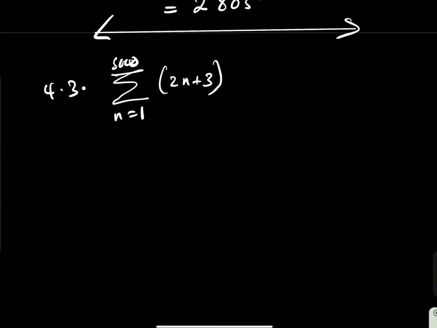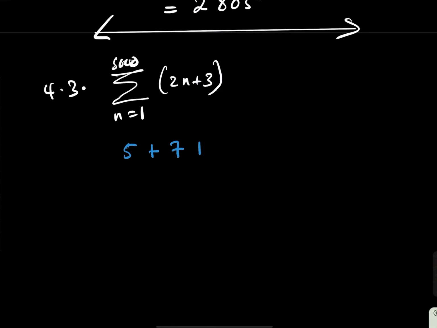So what we do is you are going to take this 1 and put it in the place of n. So it's going to be 2 times 1, which is 2, plus 3. You get 5. So this is going to be 5 plus, you now go to 2 when n is 2. So you're going to say 2 times 2, that's 4, plus 3, you get 7.